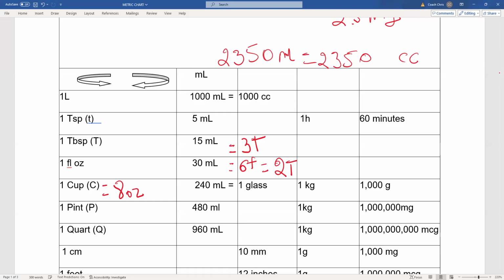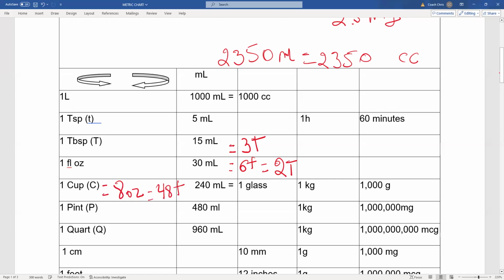Okay? And you can see as well that 3 tablespoons equal 1 ounce, which equals 6 teaspoons. So if you multiply this value by 8, then you multiply 6 teaspoons by 8 as well. That means 1 cup equals 48 teaspoons. But Mr. Z, how did you see that?